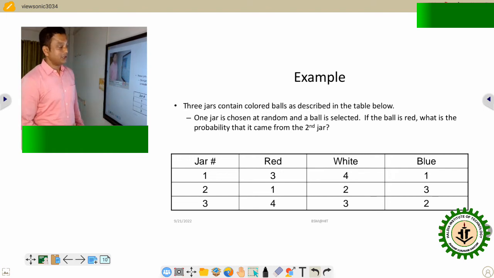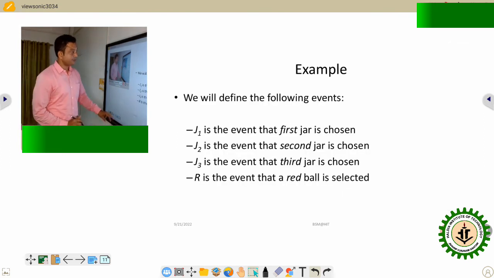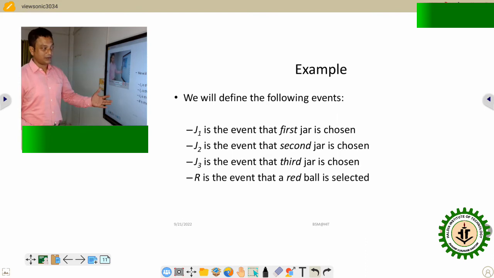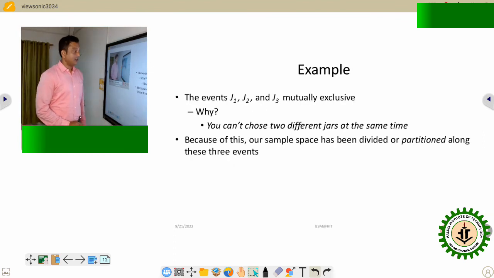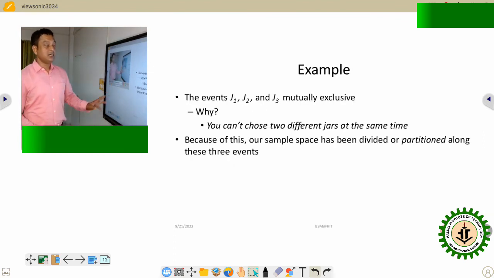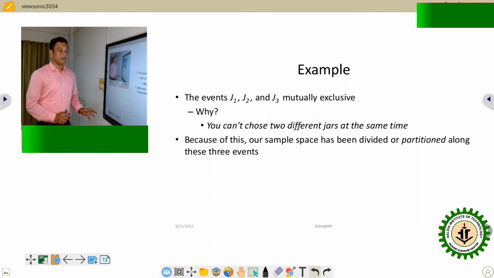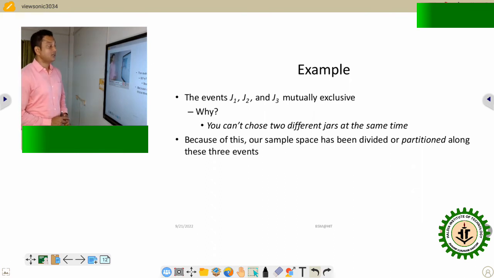So if we discuss this one, look at this. We define the following events: J1 is for the first jar, J2 second, J3 third, and R is the event that a red ball is selected. Now J1, J2, J3 are mutually exclusive because they have nothing in common. Because of this, our sample space has been partitioned along these three events.